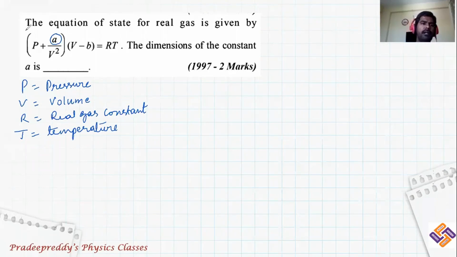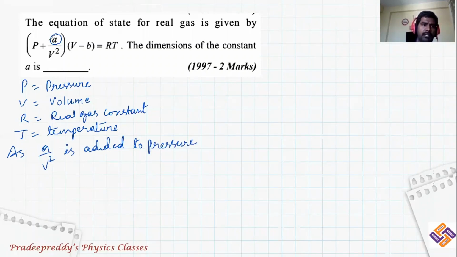Okay. So in order to find out dimensions of A, see what is rule 1. Rule 1 states that dimensions of same type can be added or subtracted. Right. So in this problem, as A divided by V square is added to pressure, is it not?